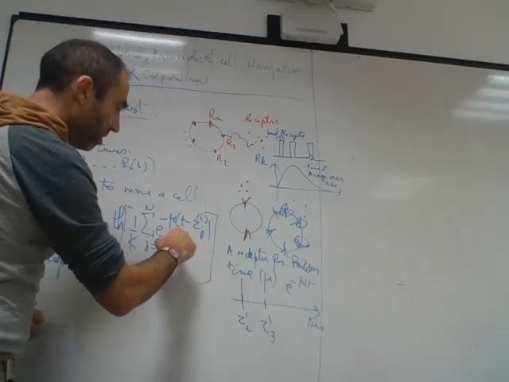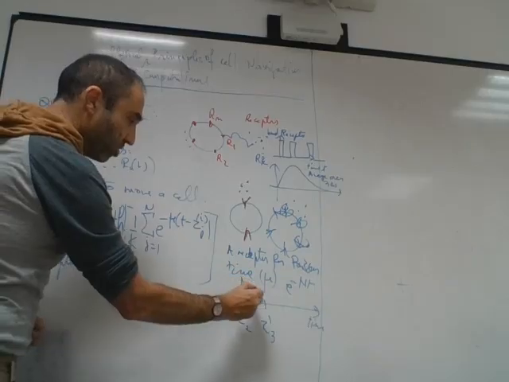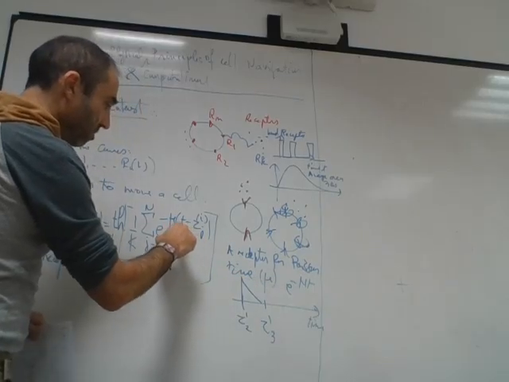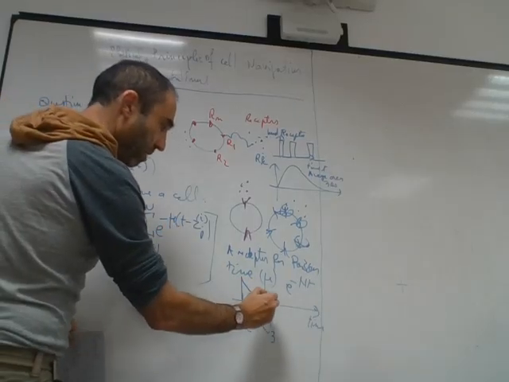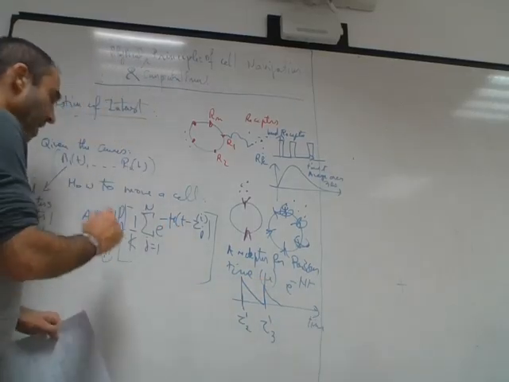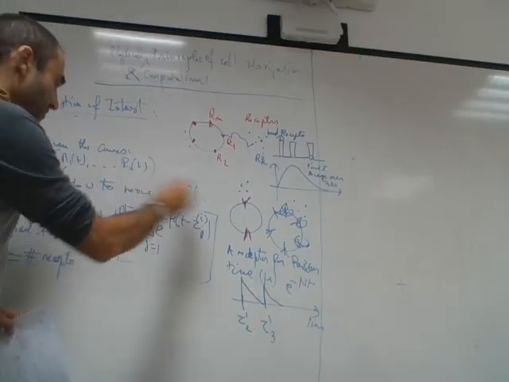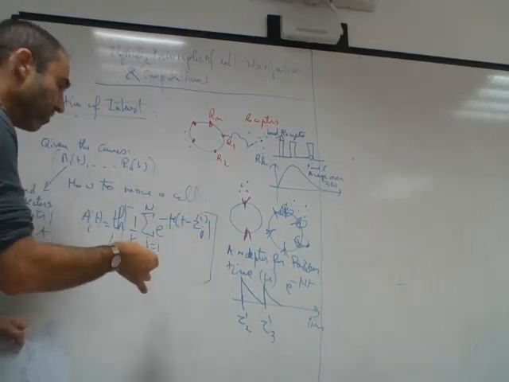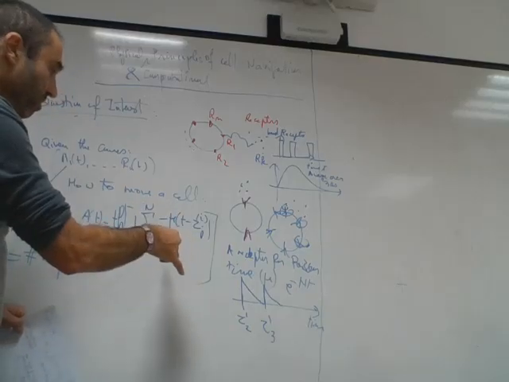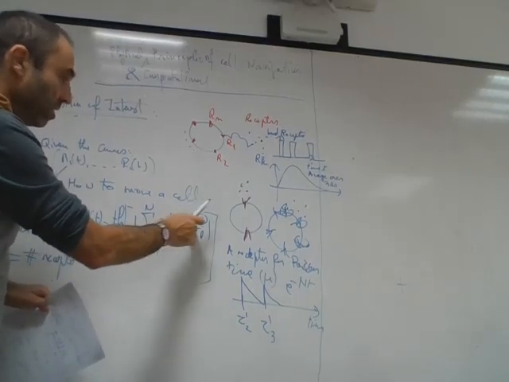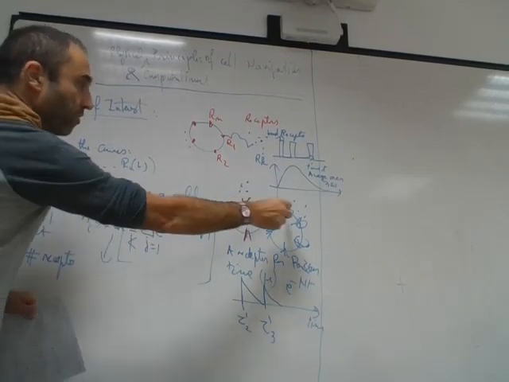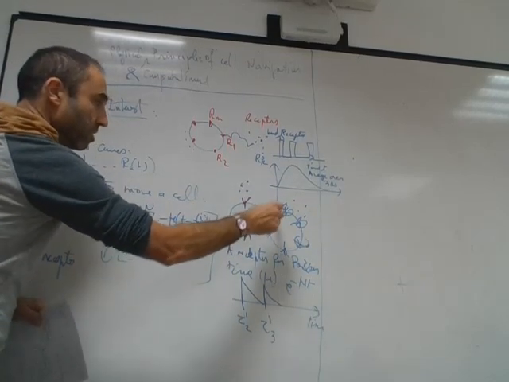So here you bind, and you will be bound for an exponential time, where the rate is mu. And then another one binds. So that's a function that measures the average during the time of interest, time t. It measures the number of receptors that are bound.